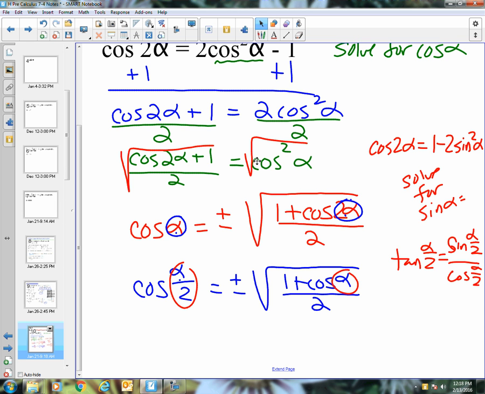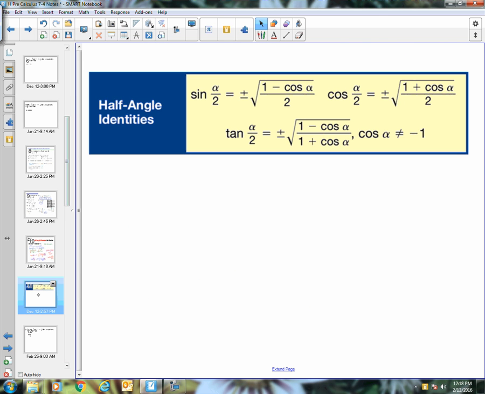I'm not going to spend the time to do that, but that's where they come from. We just do the ratio of the sine over the cosine to find the tangent, and if you take a peek at the next slide, you'll see all those formulas for the half angle identities.